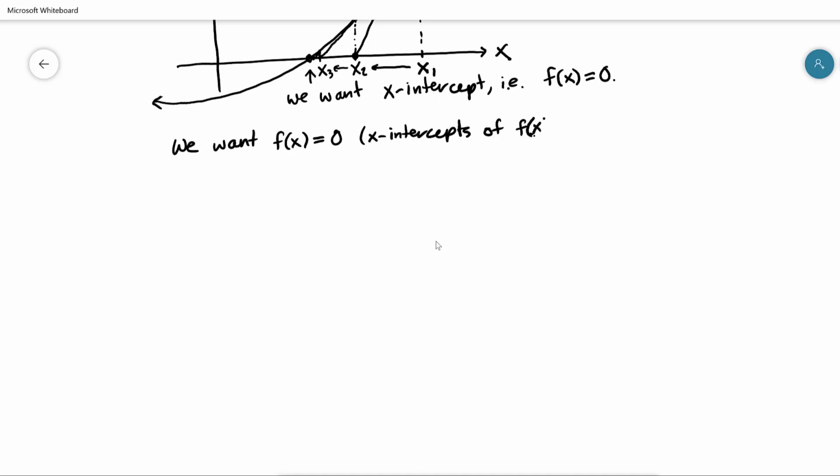That's what we're trying to find. And we'll start with that tangent line, so our linear approximation at x equals x1.